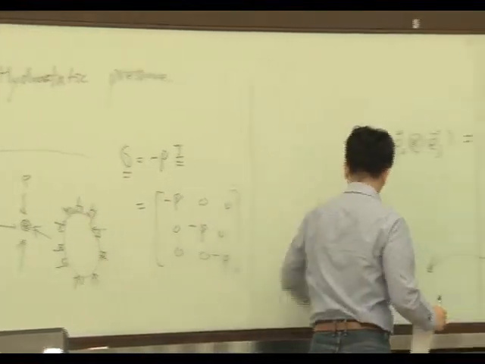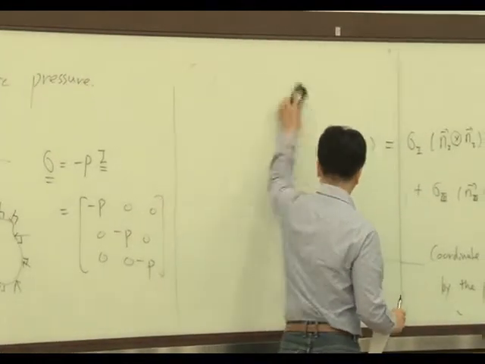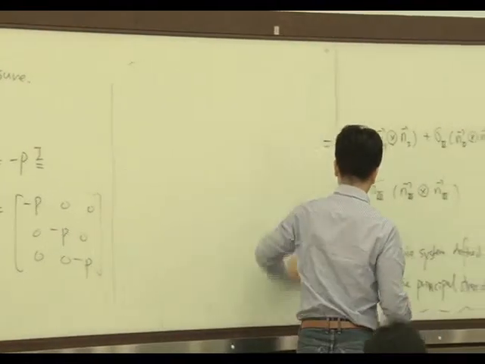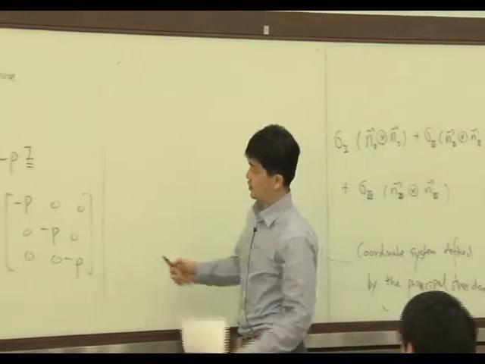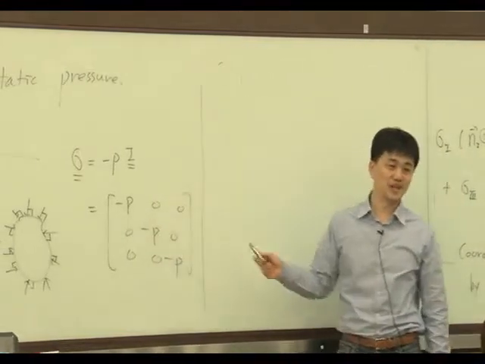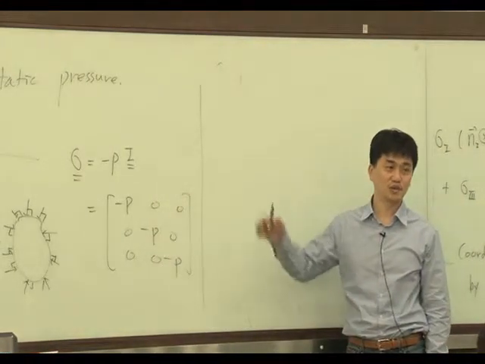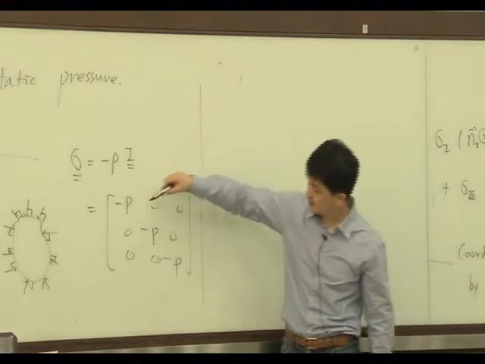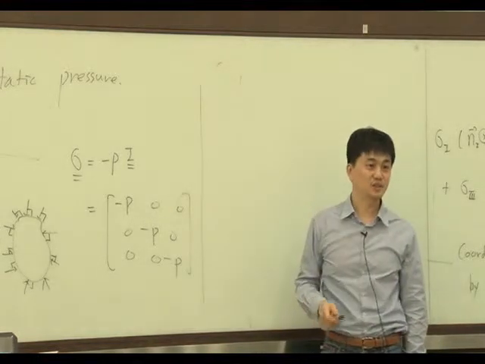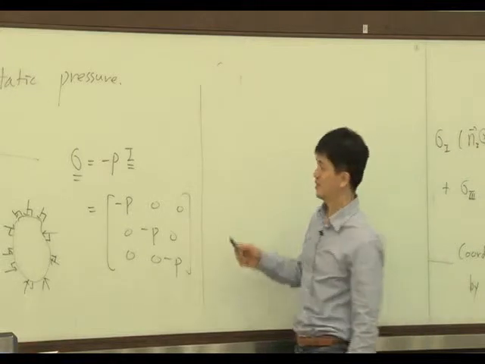So in the state of hydrostatic pressure, there is only a normal component, right? No shear. So it means these three are principal stresses.